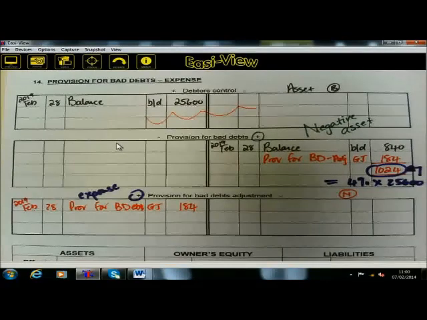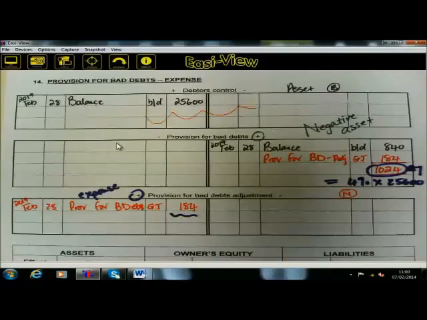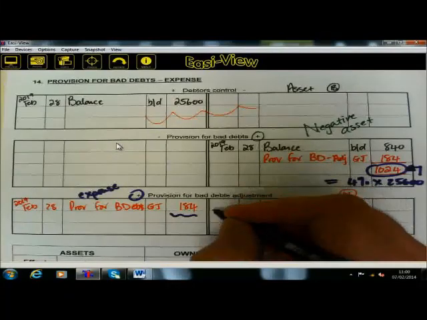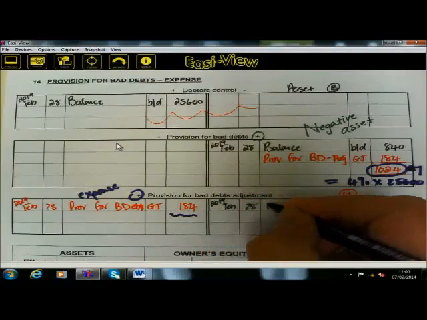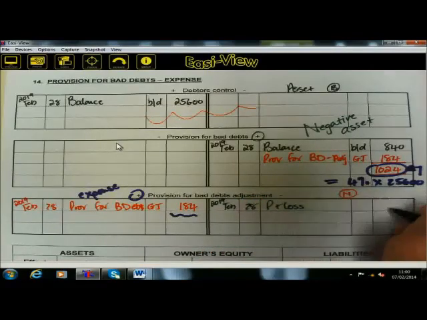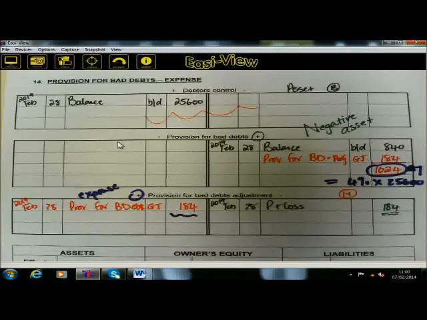Your expense for this year is only 184 rand. It's not a big amount because we only adjust the provision. 2019, February 28, profit and loss account, your expense for this year is 184 rand.